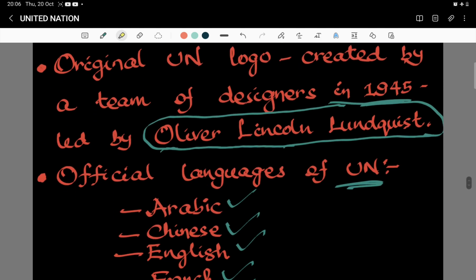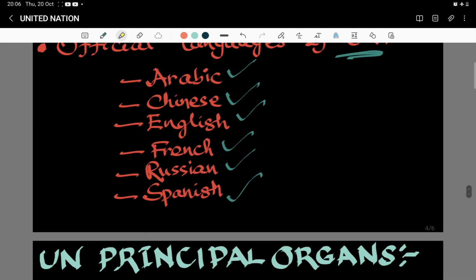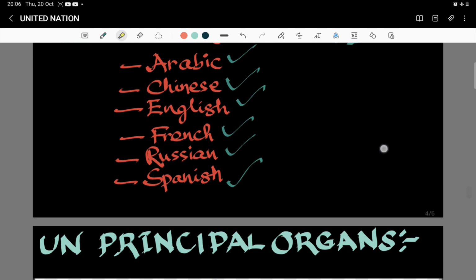The original United Nations logo was created by a team of designers in 1945, led by Oliver Lincoln Lundquist. There are 6 official languages in the United Nations. What are they? Arabic, Chinese, English, French, Russian, Spanish.